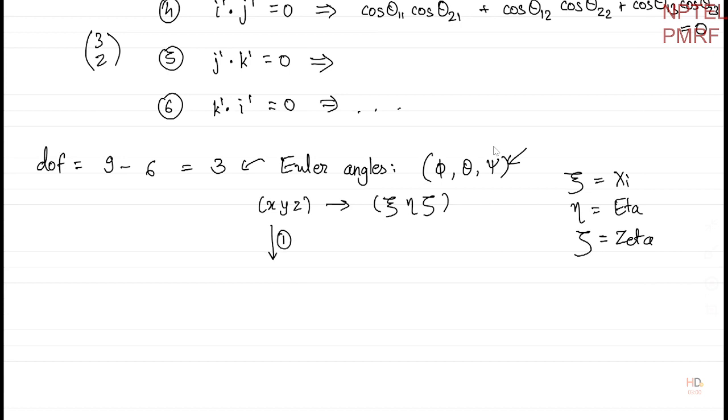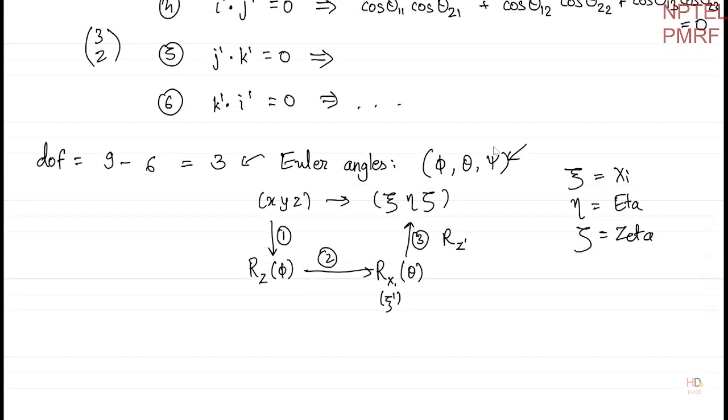Okay, and it was done in three steps. First was to rotate about your z-axis by some angle phi, right? Then in the second step, you rotate about your x1 axis, which was called psi prime, I think, in the lecture, by some angle theta. And the third one is to rotate around your z-axis, or z prime axis, with some angle psi.